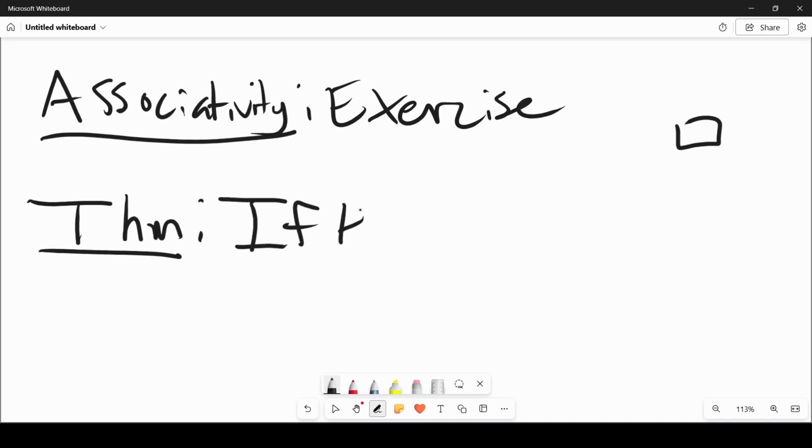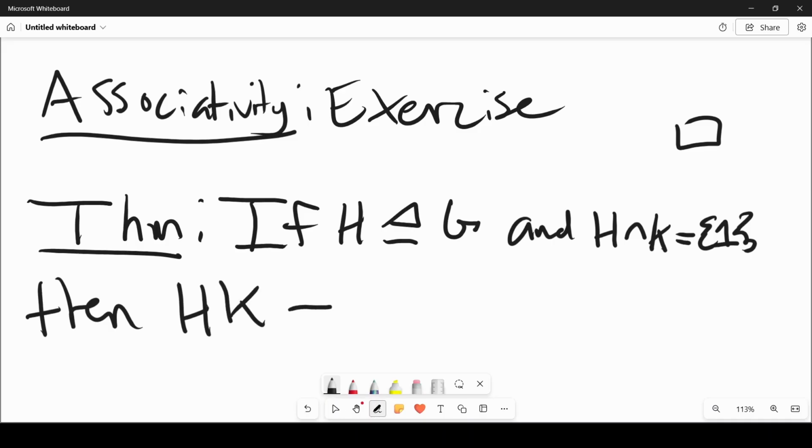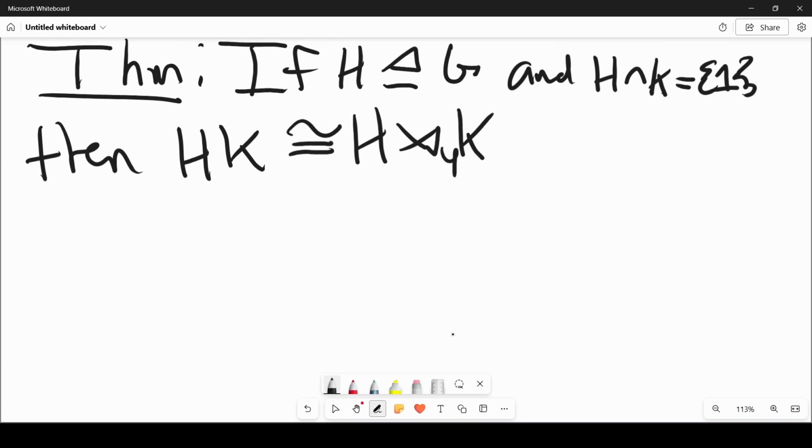So if H is normal in G and H intersect K is trivial, then HK is going to be isomorphic to H semi-direct product K. Okay, let's prove this.